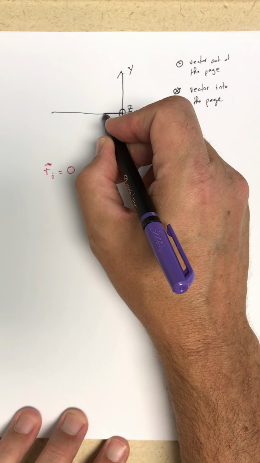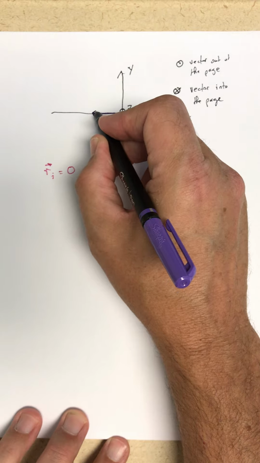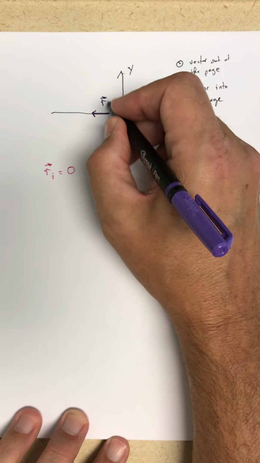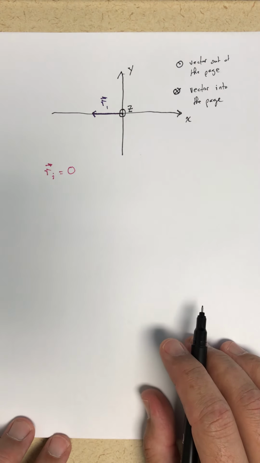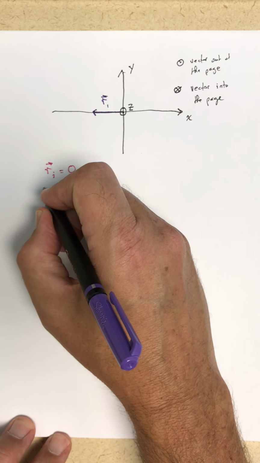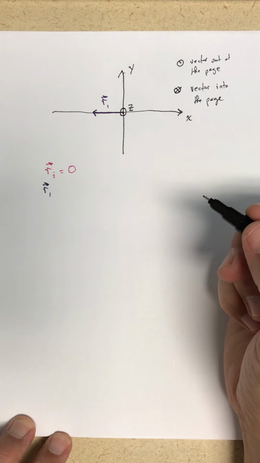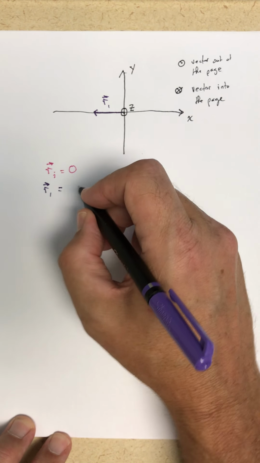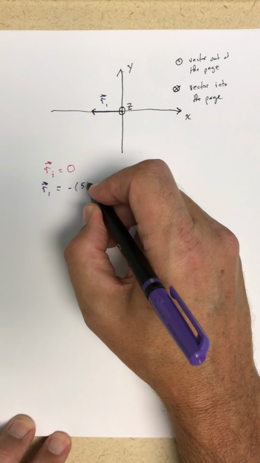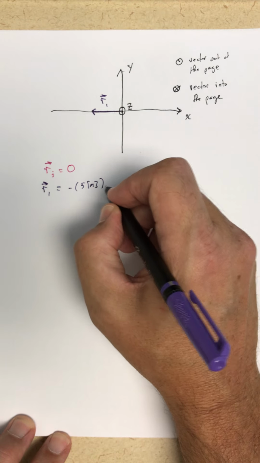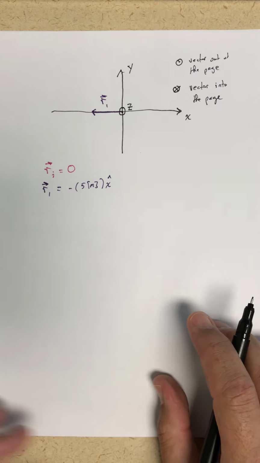So there's R1. And I'll write out R1 in components in my coordinate system. That is going to be minus 5 meters relative to the x direction.